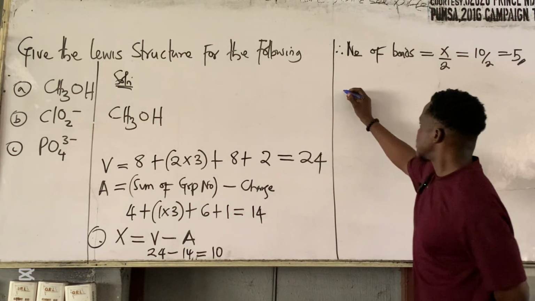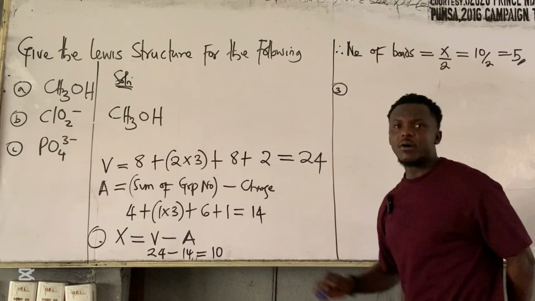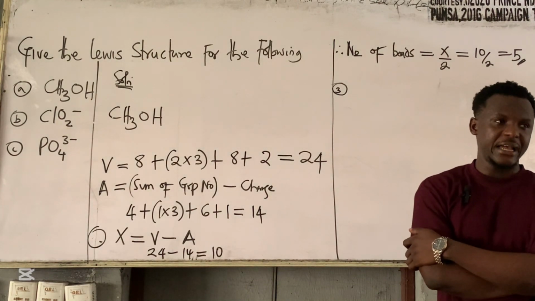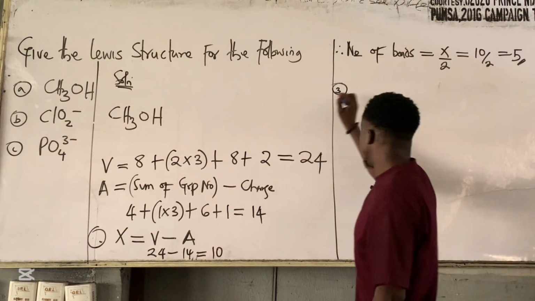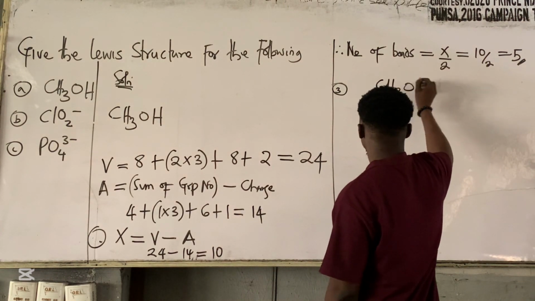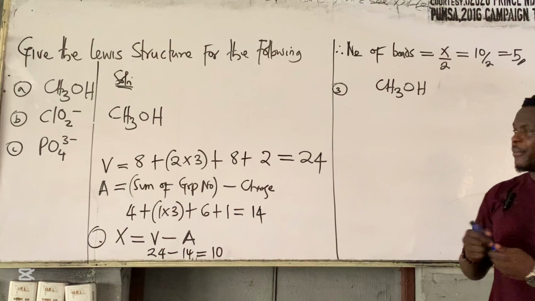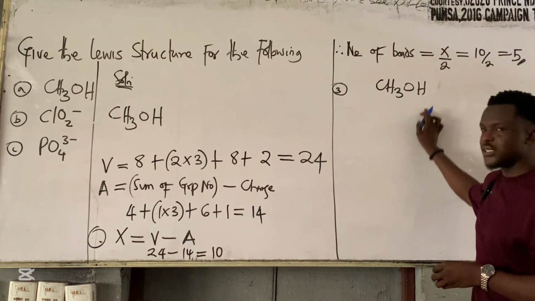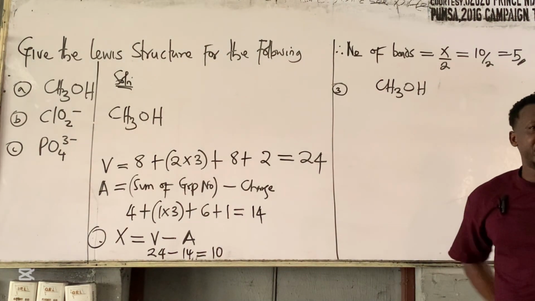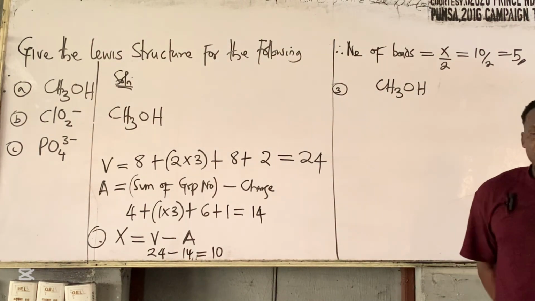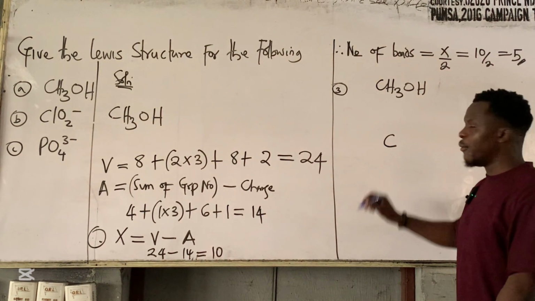Now, step number 3 says, from the chemical formula, draw a skeletal structure. Now, this is CH3OH. What this simply means is, are we going to have any central atom here? Which of them will be the central atom? Carbon. I'll put carbon here.